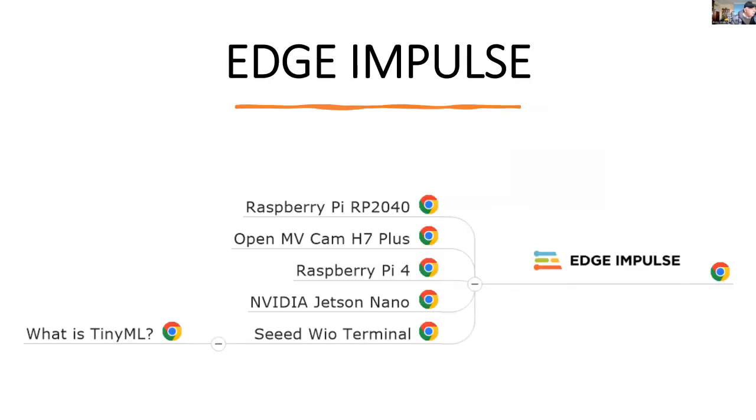And another alternative, instead of using the Microsoft program, is to use some of the resources from Edge Impulse. And the advantage over Microsoft is that Microsoft have only run the model on the Raspberry Pi, but Edge Impulse have actually extended that to quite a number of other systems, and you can get support for those systems on their website.